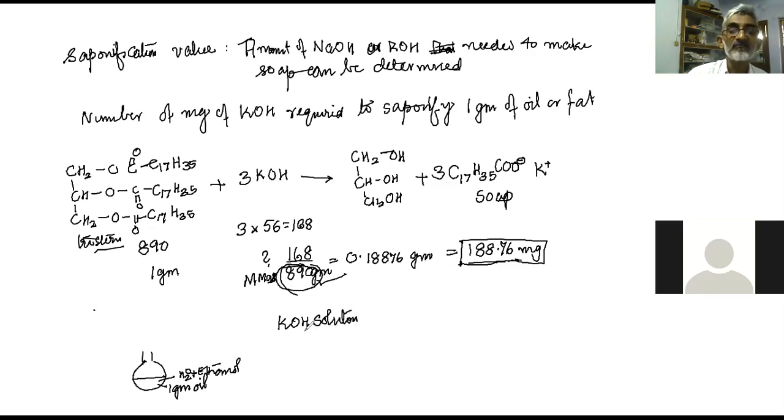Standard potassium hydroxide solution means the concentration should be known to you. Add it into this. Now you keep a reflux condenser here. I hope you know what a reflux condenser is. I'll show you. See this, a Liebig's condenser it is called.